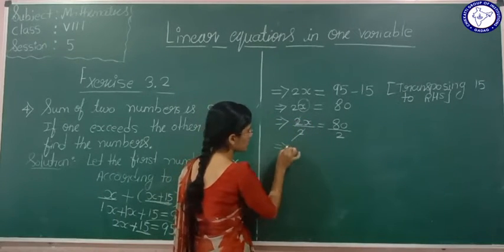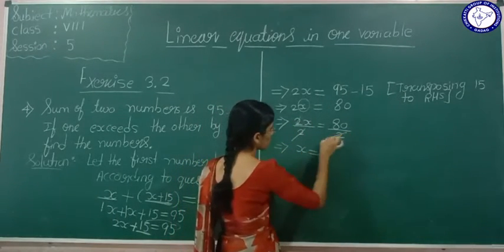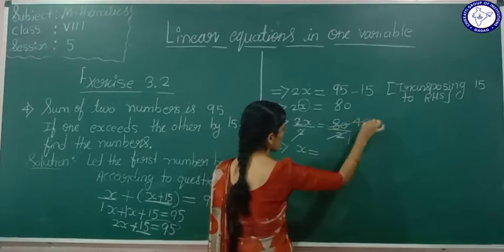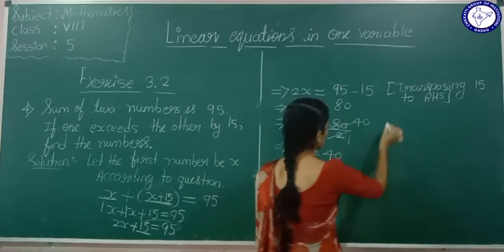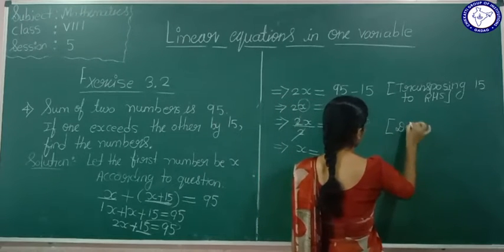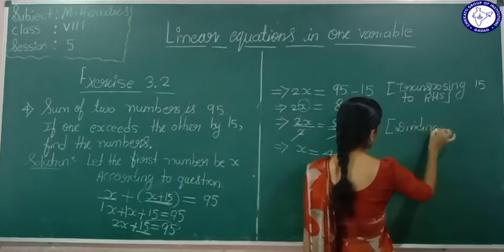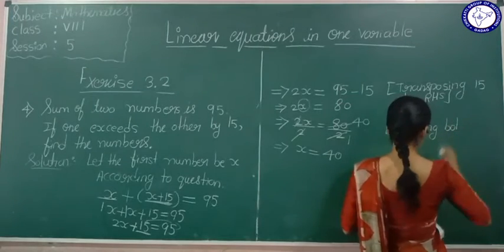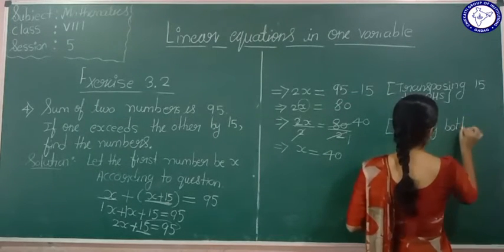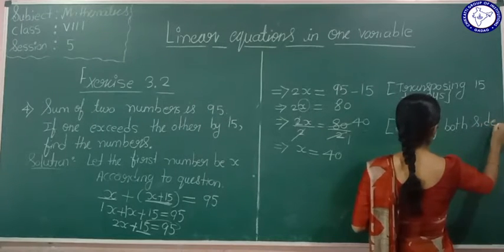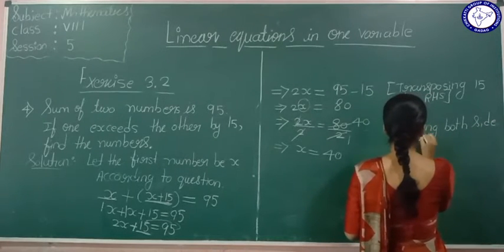This implies x is equal to 2 ones are 2, 40s are... it is x is equal to 40. So what we have done here, dividing both sides by 2.